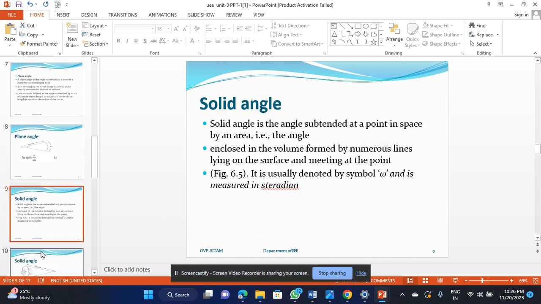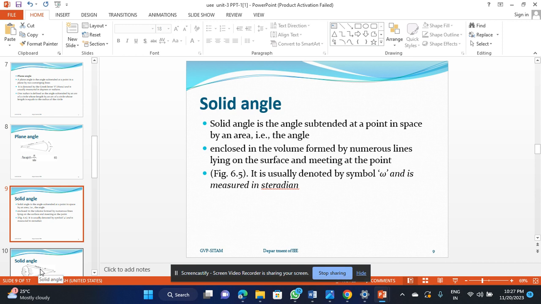Now we are going to discuss the solid angle. What is meant by solid angle? Solid angle is the angle subtended at a point in space by an area, that is, the angle enclosed in the volume formed by numerous lines lying on the surface and meeting at the point. It is denoted by omega and measured in steradians.